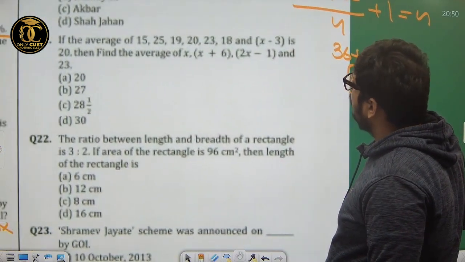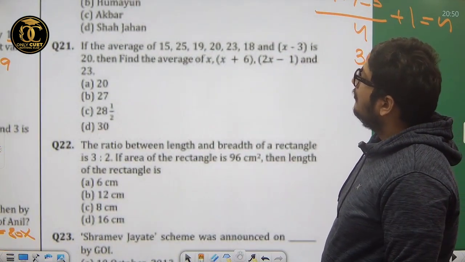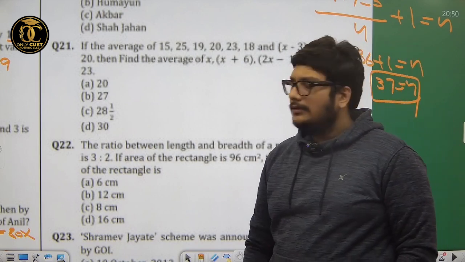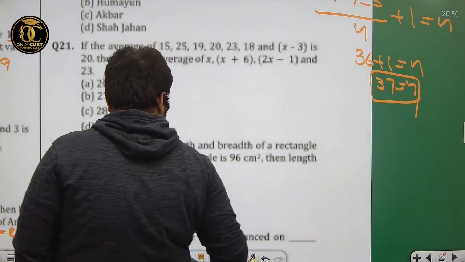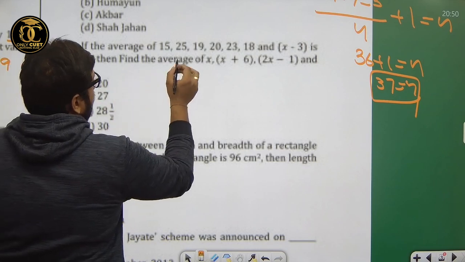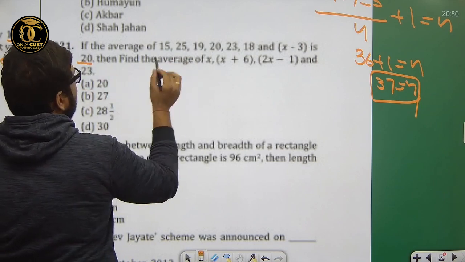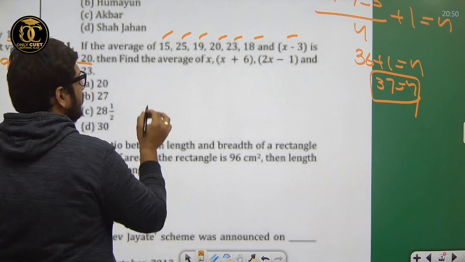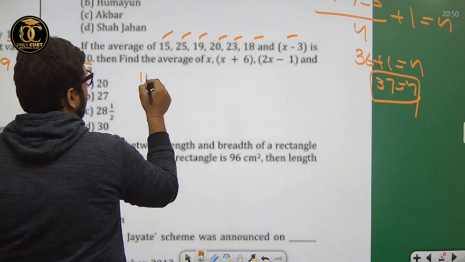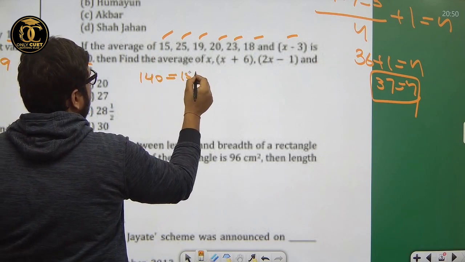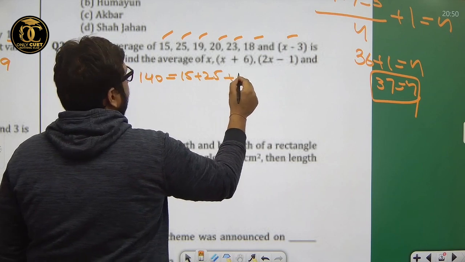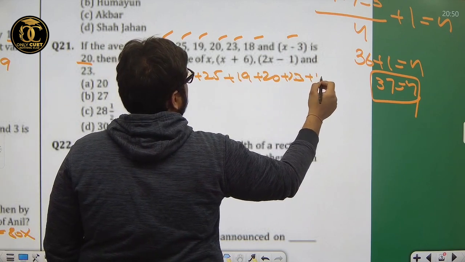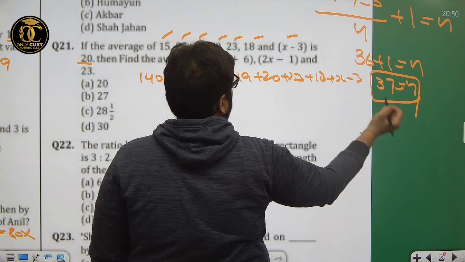If the average of this is 20, find average of this plus this plus this and 23. Let us find. Average is 20 and there are 7 terms, I guess. 1, 2, 3, 4, 5, 6 and 7. 7 terms. Total turns out to be 140. 140 is equal to 15 plus 25 plus 19 plus 20 plus 18 plus 23 plus x.